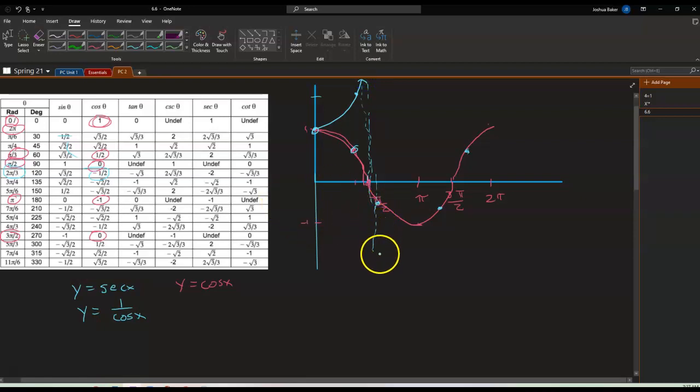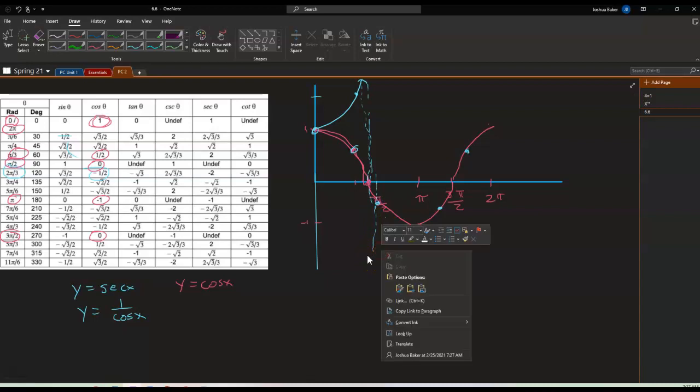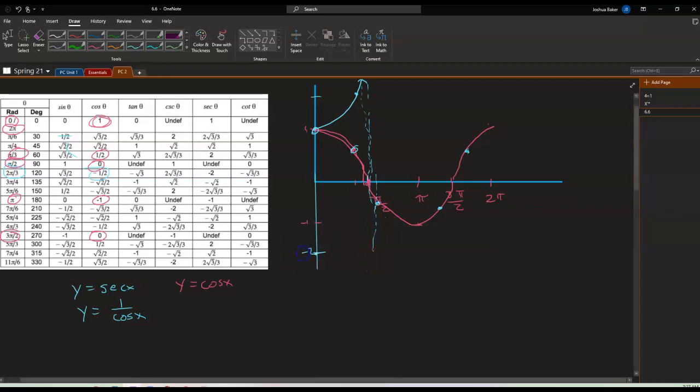Then if I take the reciprocal of -1/2, that's going to be a -2, so that'll be down here. The reciprocal of -1 is -1. The reciprocal of -1/2 is -2. And the reciprocal of 0 is going to get me this undefined area, which is going to be a vertical asymptote.